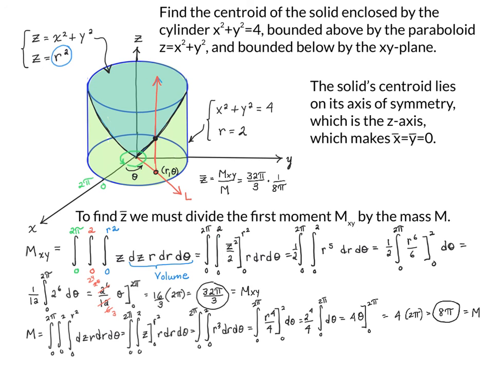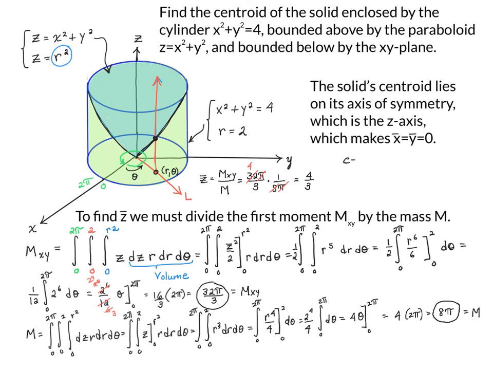And of course, the pi's will cancel out. Matter of fact, the 8 cancels out, so 8 goes into 8 once. Oops, I crossed the wrong one. And 8 goes into 32 4 times. So we end up with 4/3.